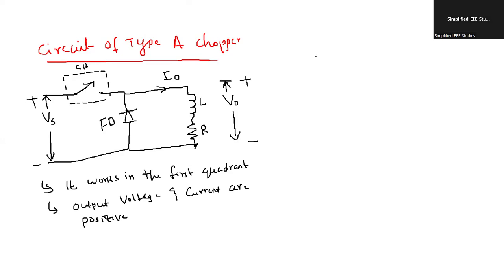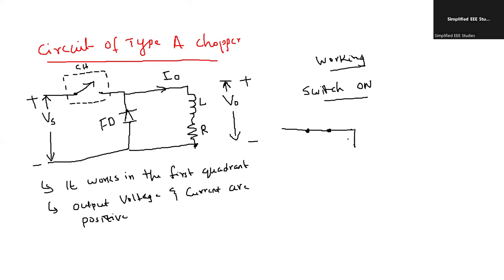Now I'll be discussing the working. How does it work? First of all, let us consider when the switch is at on condition. So on condition means switch will be closed, correct? With respect to the PWM.